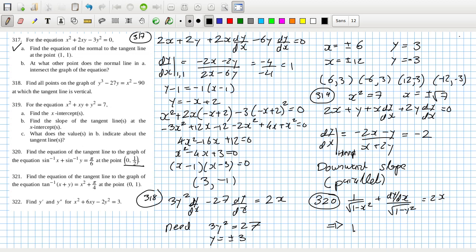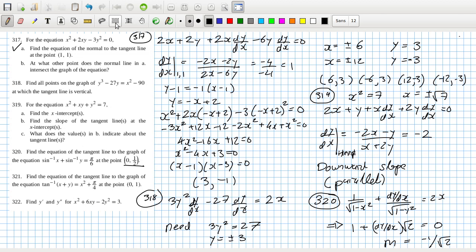That's better. Okay, so that's gone. And then the y, 1 minus a half is a half. So the root 2 just goes up on the top then. So the slope would be minus 1 over root 2.